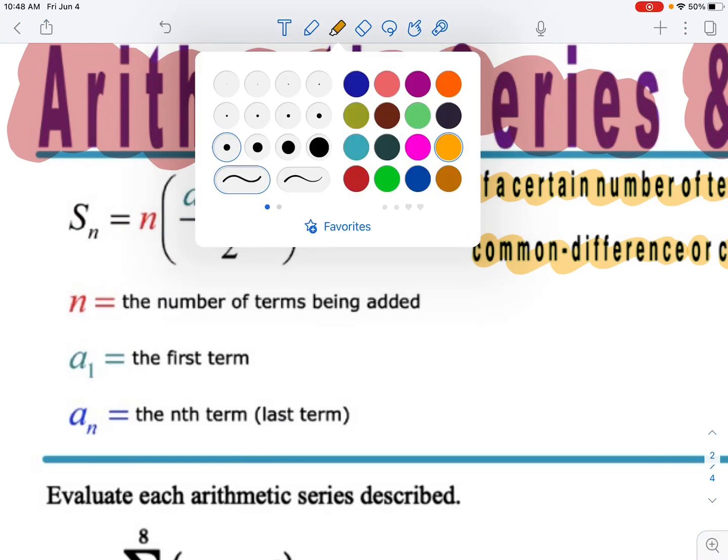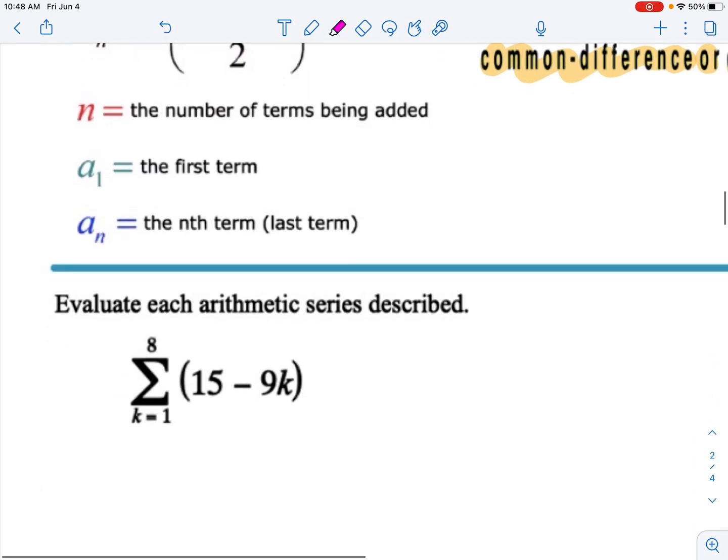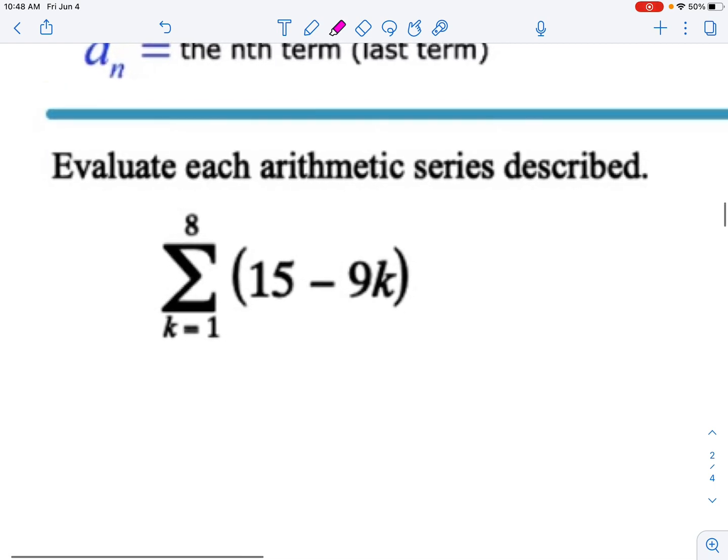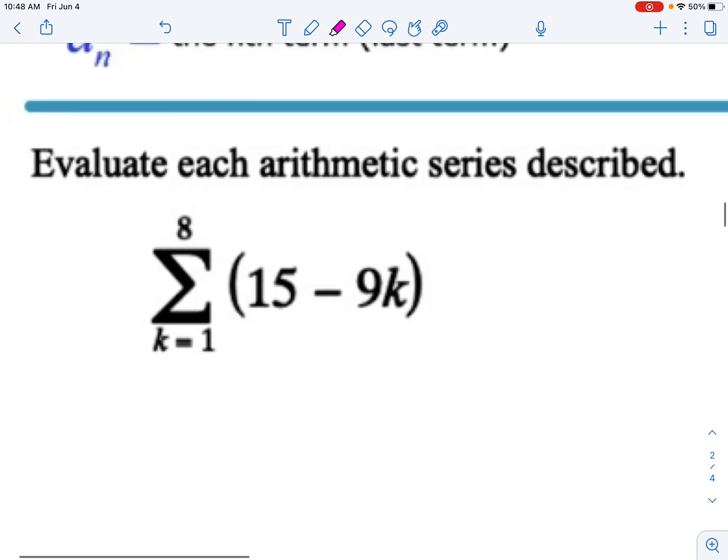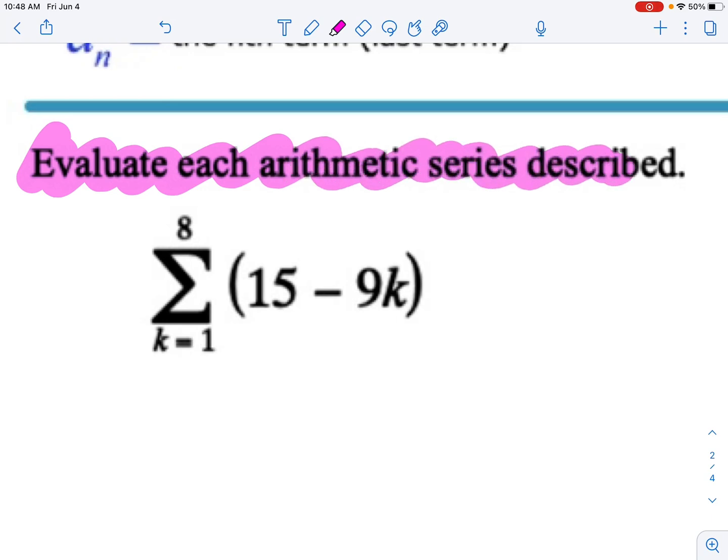So, let us take a look at what that looks like when we work it out. The first set of instructions says, evaluate each arithmetic series described, okay? This letter here is a Greek letter called sigma.